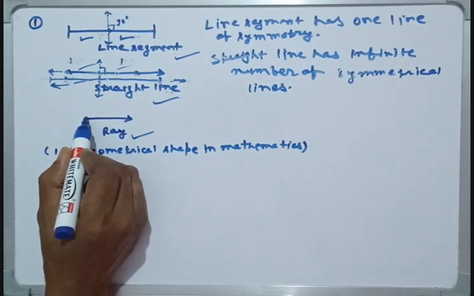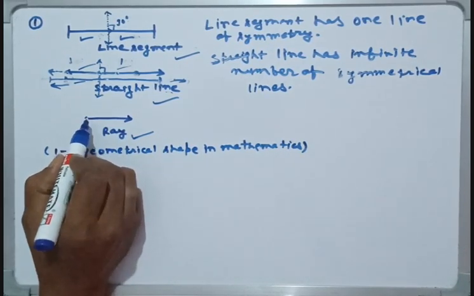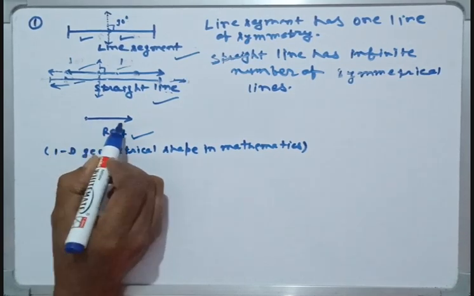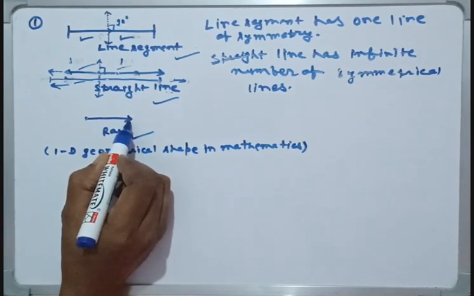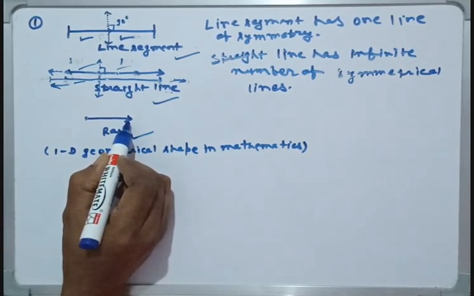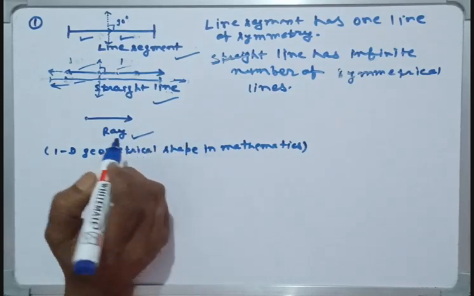Okay, now what about the ray? As you know the definition of a ray, one point is fixed and the other point is not fixed and it could be extended up to infinity.